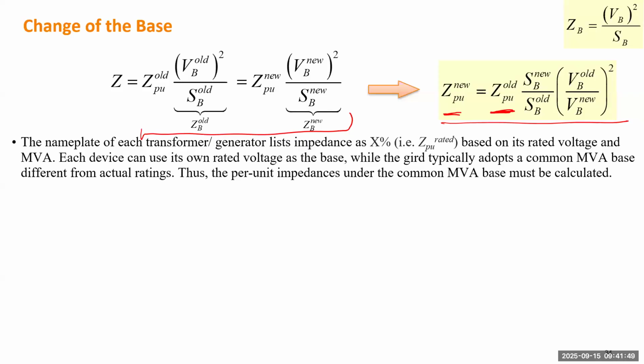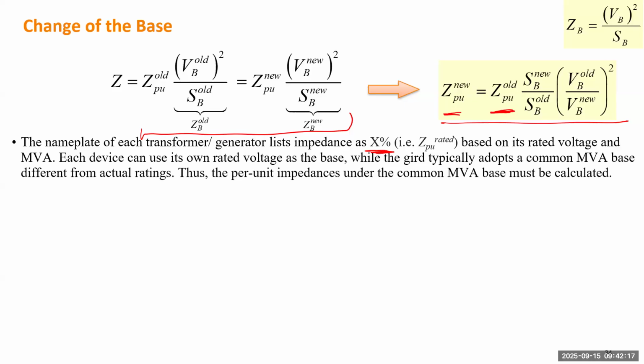If you have a chance to look at any transformer or generator nameplate, the nameplate usually shows the rated power and the rated voltage, which are very important. Sometimes they also give you an impedance, which is a number with a percentage unit, like 20% or 10%. So what does that mean?